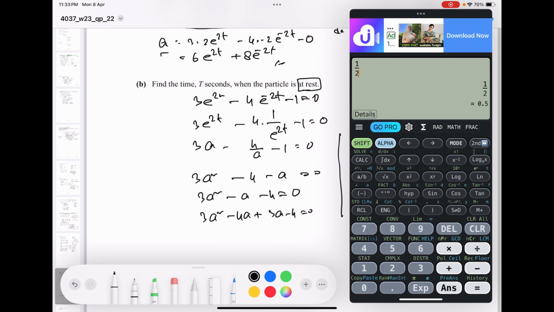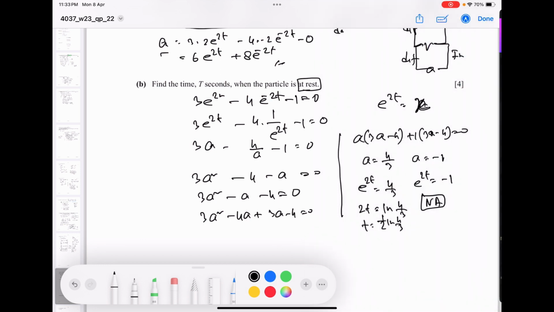Half ln 4 over 3. So this is 0.143. So the answer will be 0.143. Okay, not 3, it will be 4.